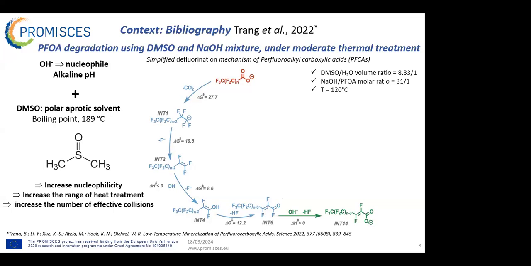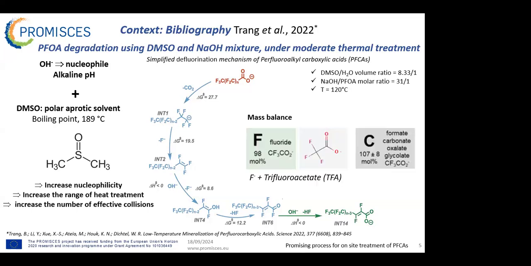In intermediate 4, because you are under alkaline conditions, the OH is O-, and the doublet of O- pushes away the double bond to the lesser carbon, such that you have intermediate 6. And then OH- is also able to interact with the COF, such as to have a COOH at the end of the molecule. And then the cycle is repeated various times.